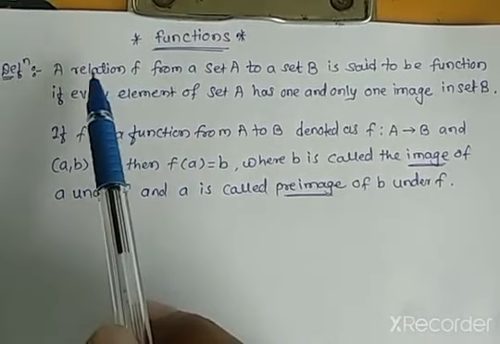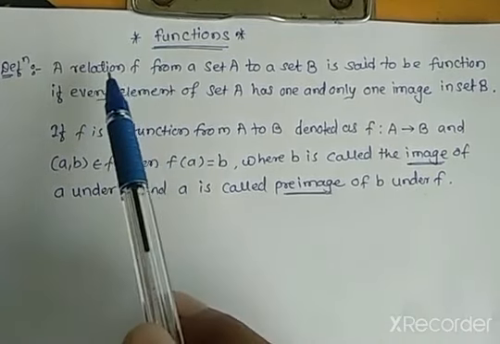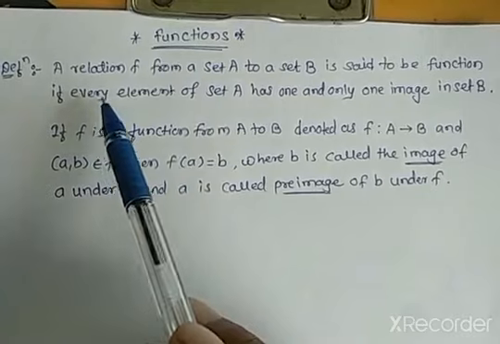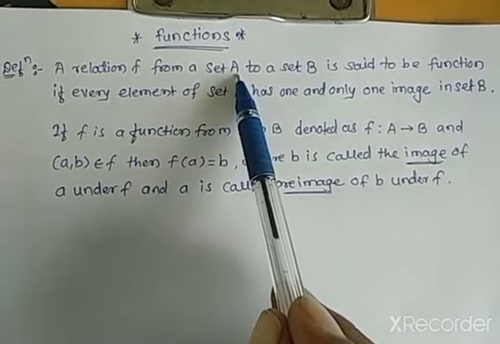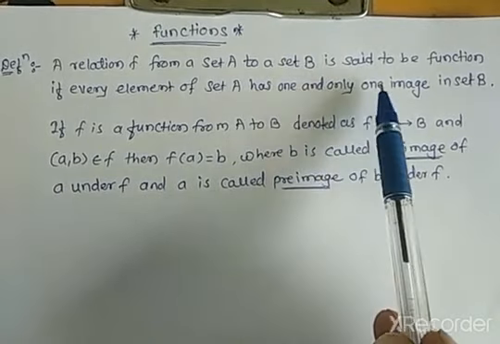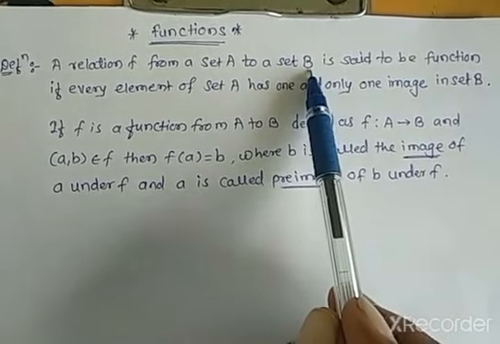Firstly it should be a relation, then we have to determine whether the relation is a function or not. For that, every element of set A should have only one image in set B.